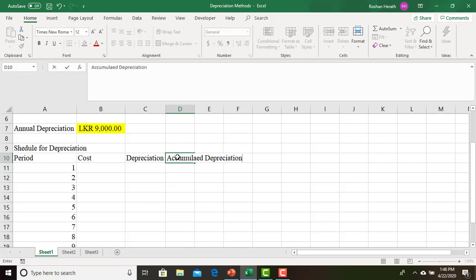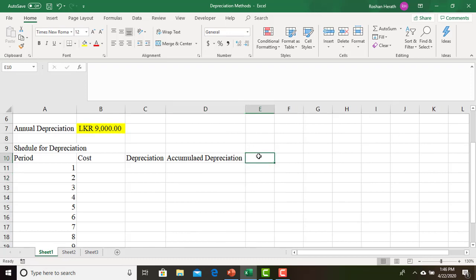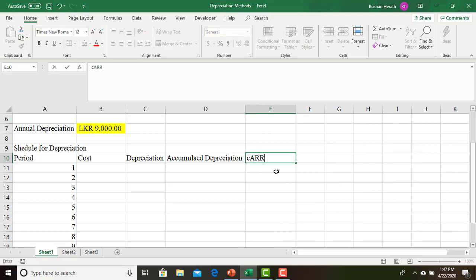Accumulated depreciation. And finally, once you deduct the accumulated depreciation from the cost, we use a technical word, we call it carrying amount. Carrying amount.